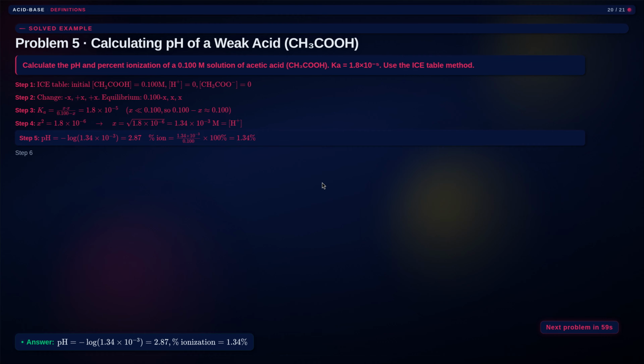X equals 1.34 times 10 to the minus 3 molar equals H plus concentration. Step 5. pH equals negative log of 1.34 times 10 to the minus 3 equals 2.87. Percent ionization equals X over 0.100 times 100 equals 1.34%.